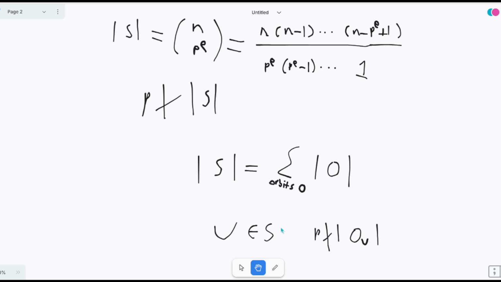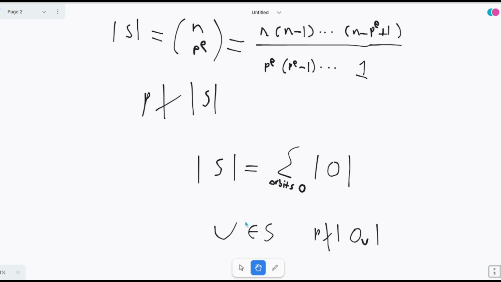So U is, we know that not all orbits can have cardinality a multiple of P, because the total sum doesn't have cardinality a multiple of P. So we just take one of those orbits and we let U be one of the elements that generates that orbit.